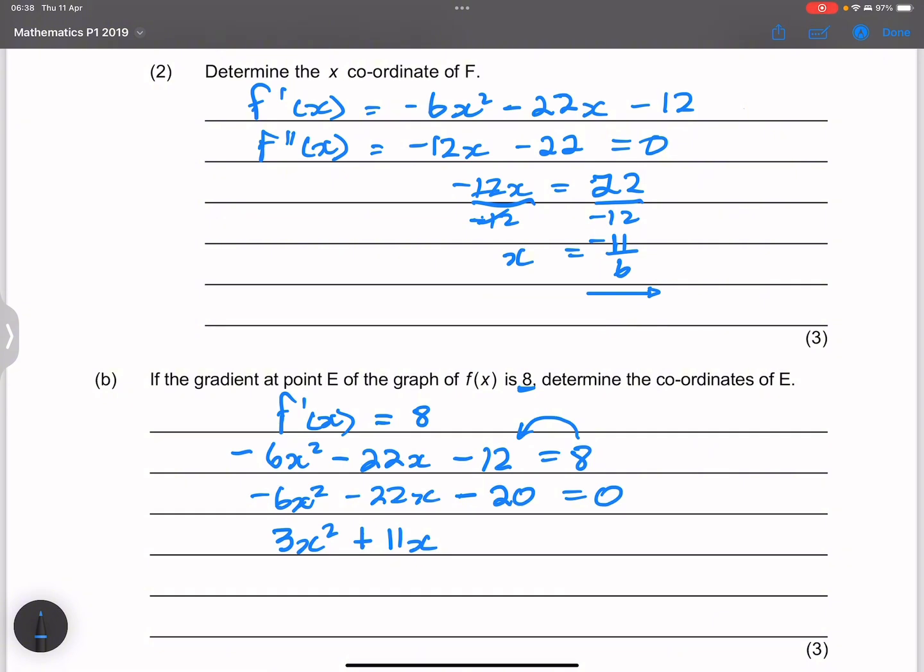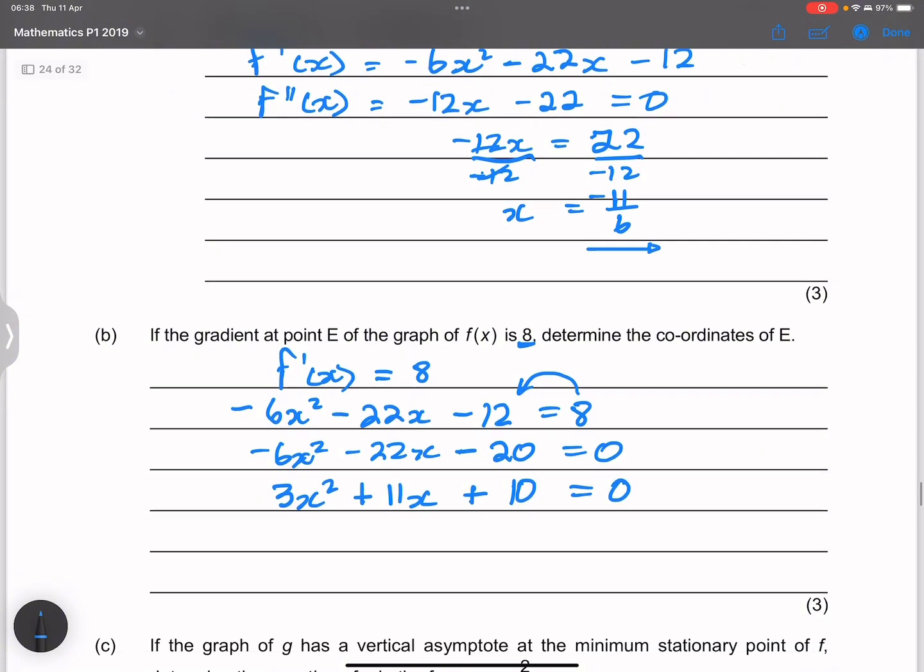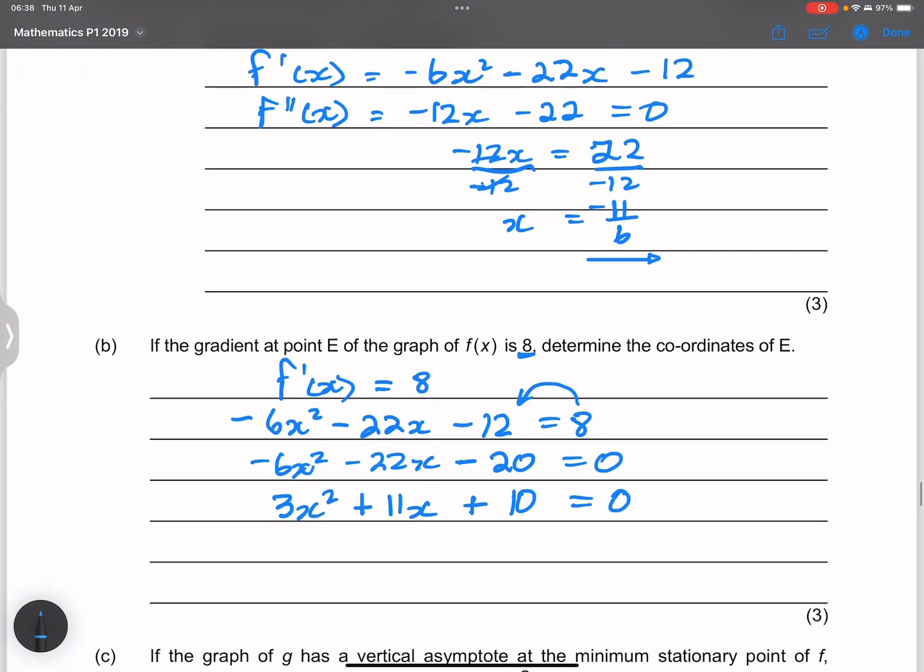So everything changes sign, and this is plus 10, and this is equal to 0, right? Okay, so are we able to factorize that? Let's see, factors of 3 and 10. Let's see if we say 5 and 2.